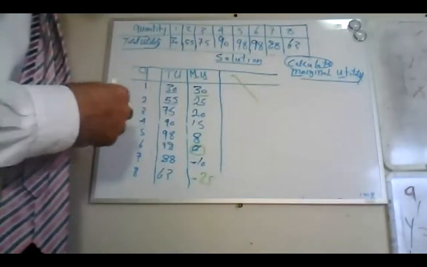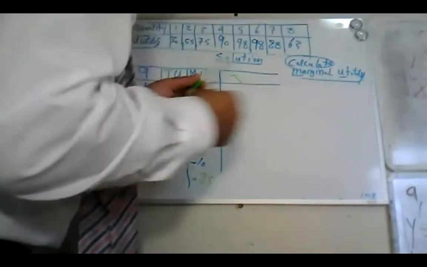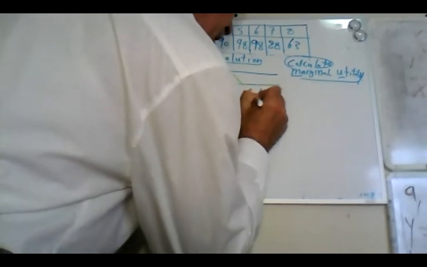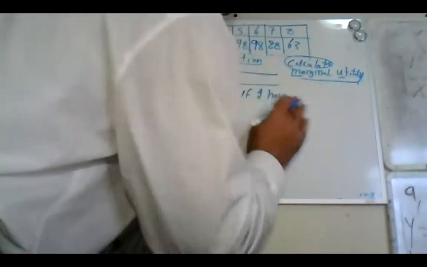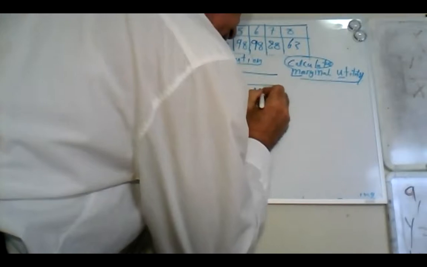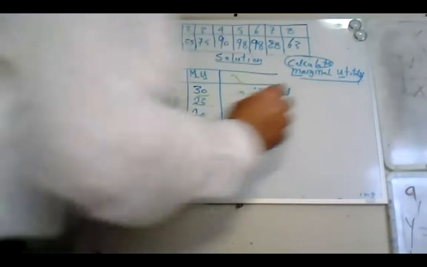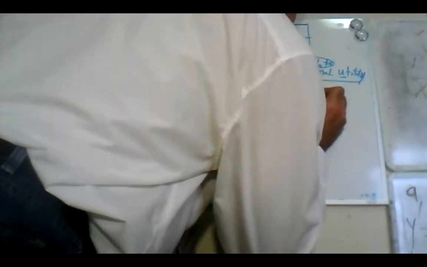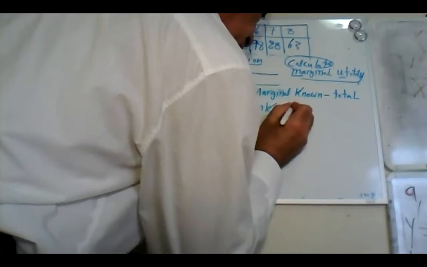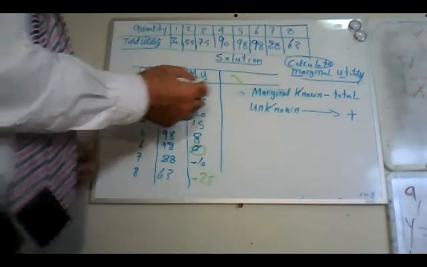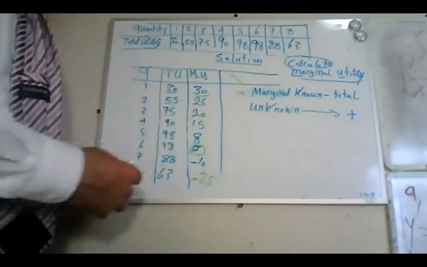If the marginal utility is known and the total is unknown, then I will add. What is the meaning of this? If the marginal is known and the total is unknown, I will add.